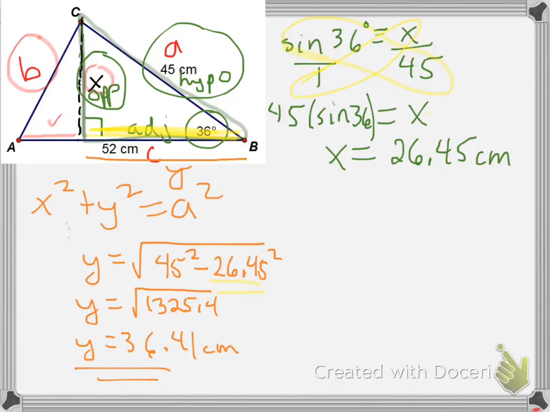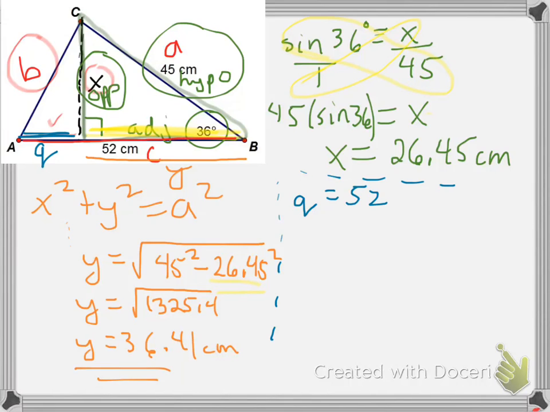Now that I know what y is, let's make a new variable with a new color. Let's do blue. For this distance here, I'm going to use q. So I know that q equals 52, the whole distance of c. So that's this whole distance here. That's c.